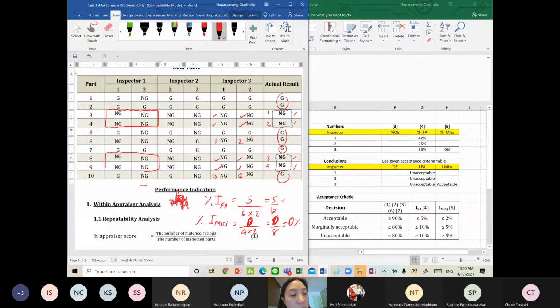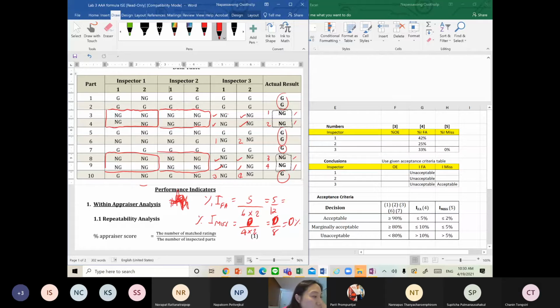You take a look only at this area. So inspector 1 is easy, right? And how about inspector 2? Same thing. I think that should be enough.